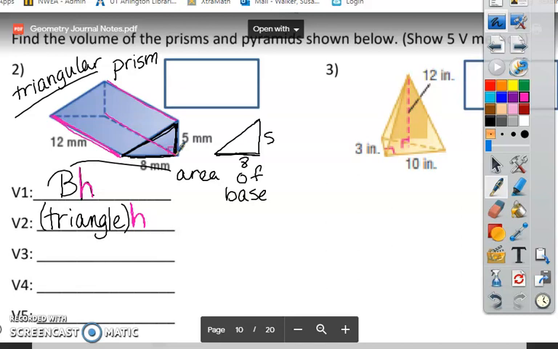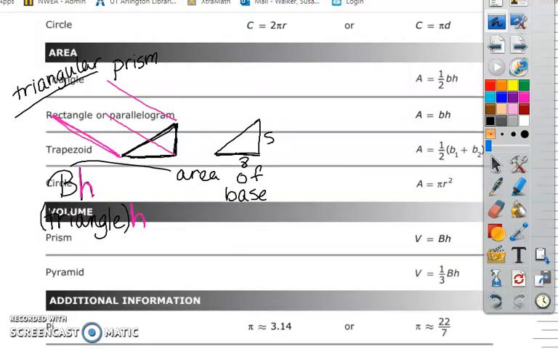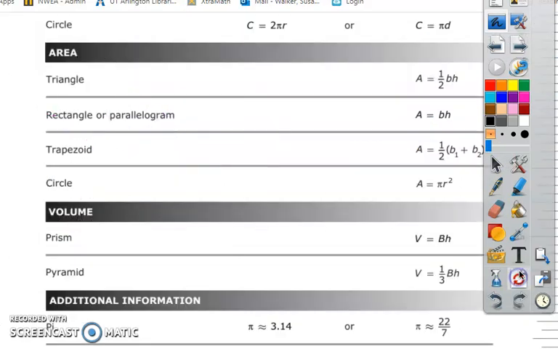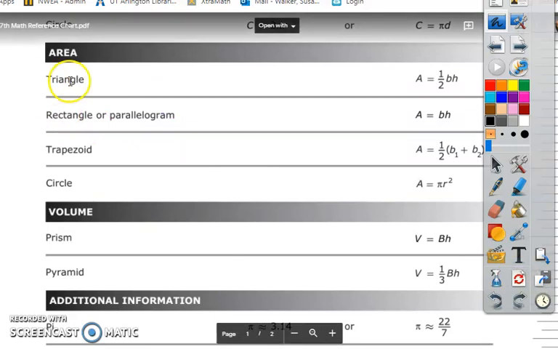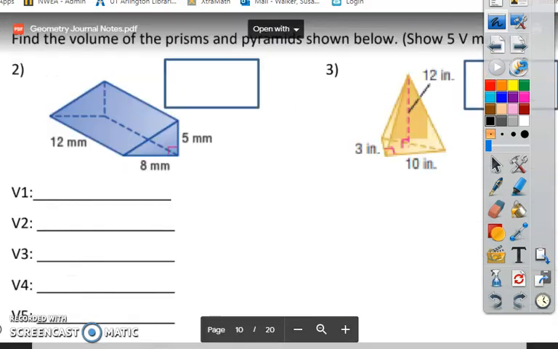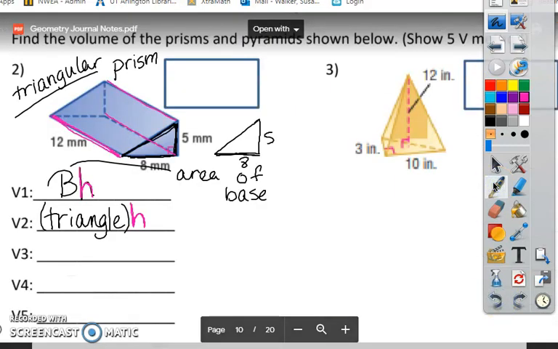Okay? Once we do that, we need to find the formula for area of a triangle. A equals half BH. So I'm going to come back here and I'm going to put the formula for area of a triangle in here.